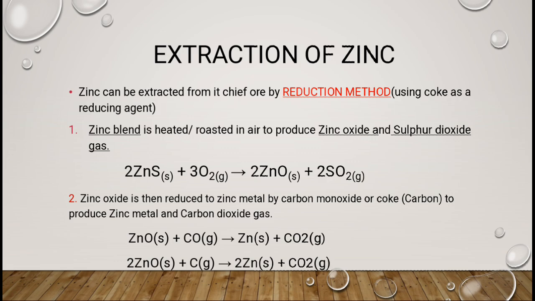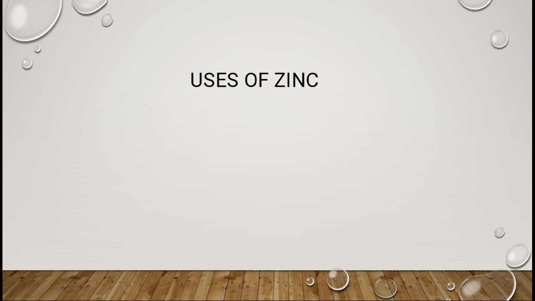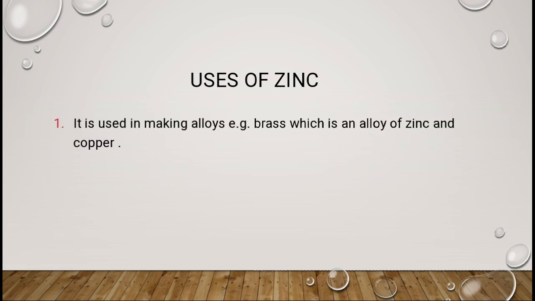Okay? Now, let us move on to the last part, which is the uses of zinc. After zinc has been extracted, how is it used? The first use: zinc is used in making alloys. An alloy is a mixture of two or more metals.